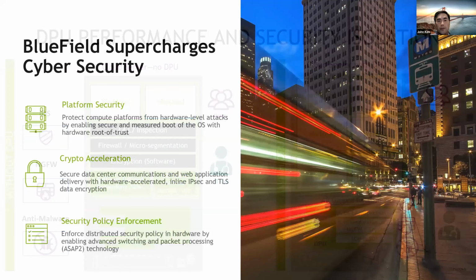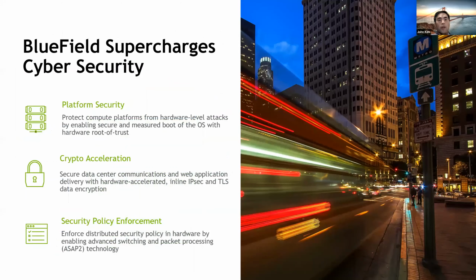So first, as I mentioned, there is platform security. We help protect the servers or the platforms from hardware level attacks. So of course, there's the secure boot and there's the hardware root of trust. Again, every DPU comes with the ability to help sign and protect its own firmware and its own hardware from attacks.